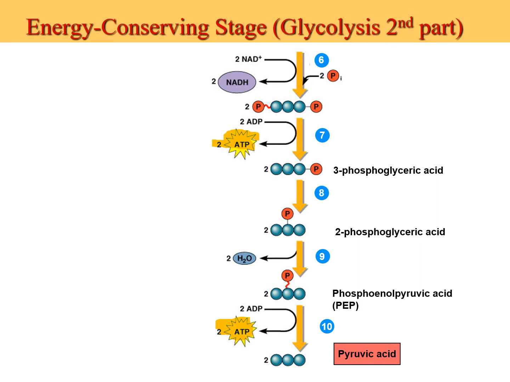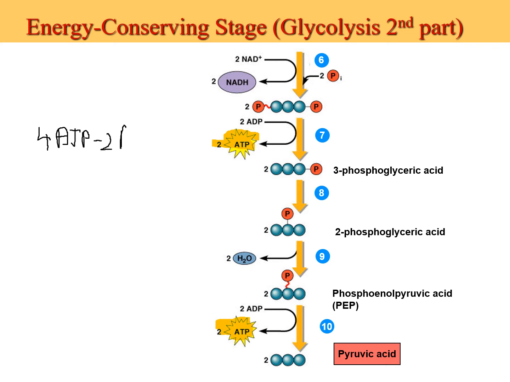Don't worry about all the other details here. In the end, in terms of high energy compounds produced, you have 4 ATPs in the second stage being produced, 2 ATPs being used in the first stage.